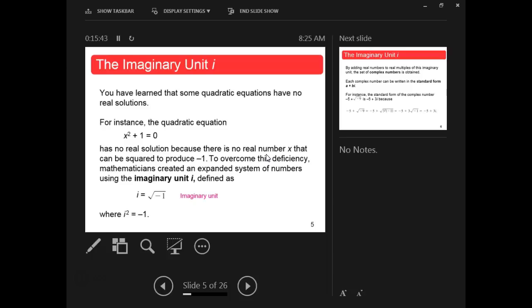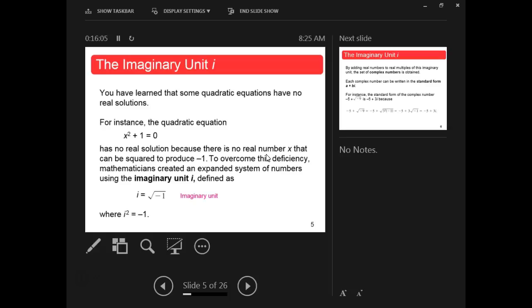To overcome this deficiency, mathematicians created an expanded system of numbers using the imaginary unit i. Okay? And here's how we define i. If you ever need it, if you ever see it, here's what it is. i is the square root of negative 1. Not a real number.